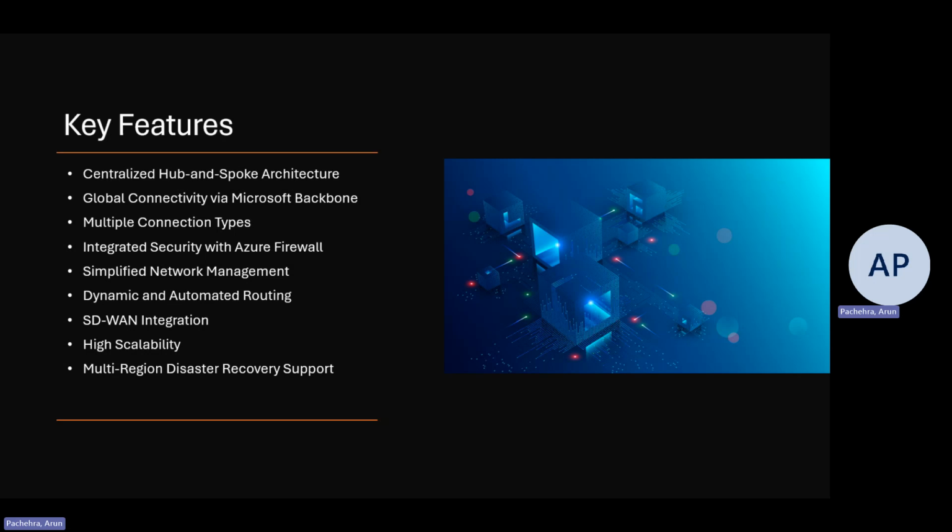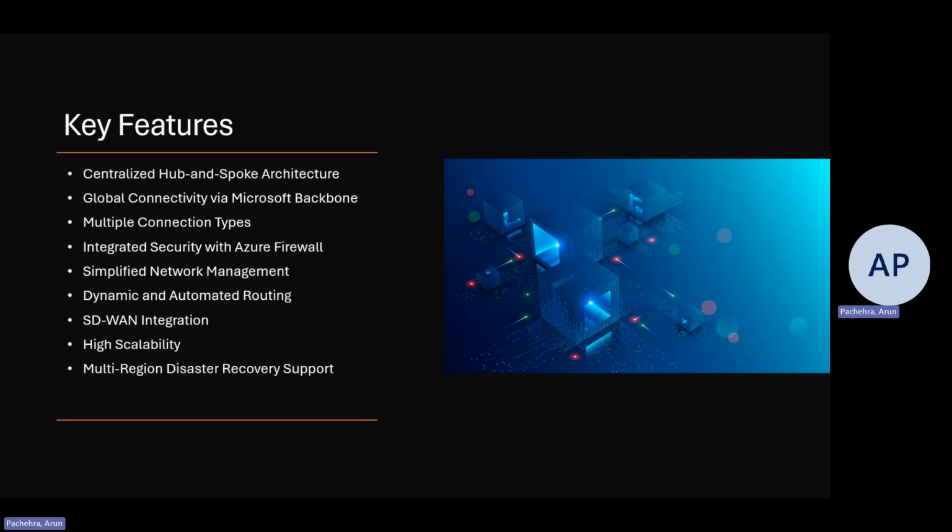And simplified network management, of course it is simplified because it gives us centralized management, making it easy to monitor, configure, and troubleshoot global network connections through the Azure portal. And it of course reduces operational overhead by consolidating all network configuration and monitoring into a single pane of glass. Then dynamic automated routing. Yes, if you like, you can control, but by default, it gives you all that connectivity that we were talking about.